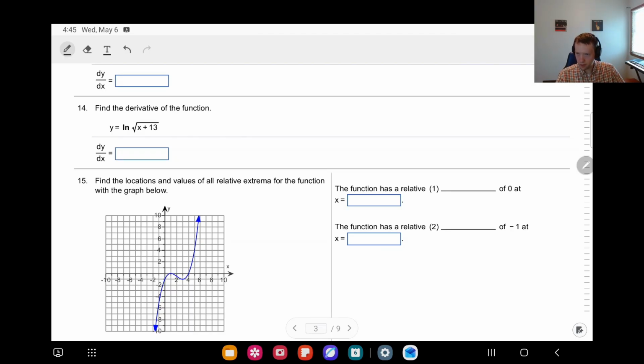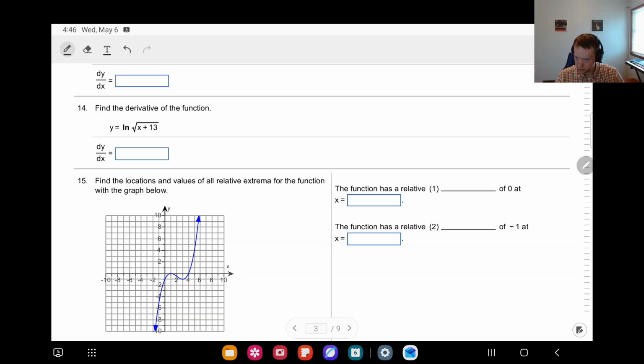Okay, there are a couple ways to do this one. You could do chain rule within chain rule, right? Because we have ln of a square root of something inside the square root. So it's like this triple composition.